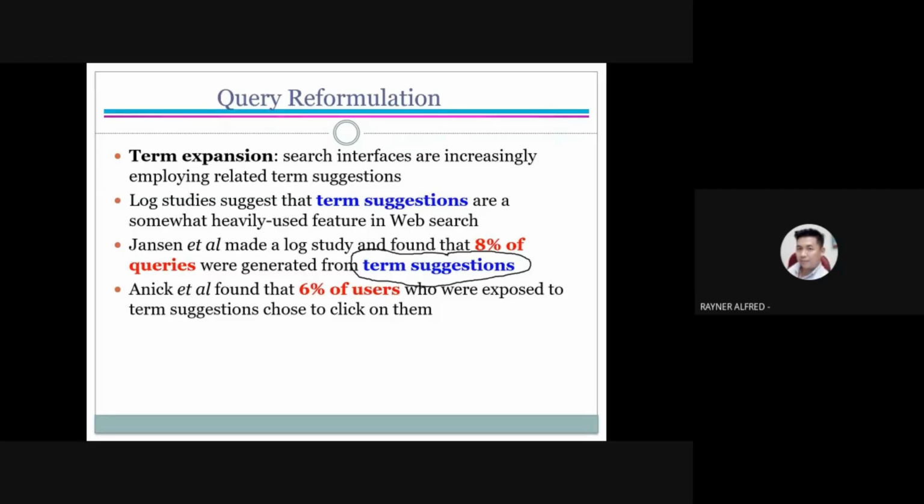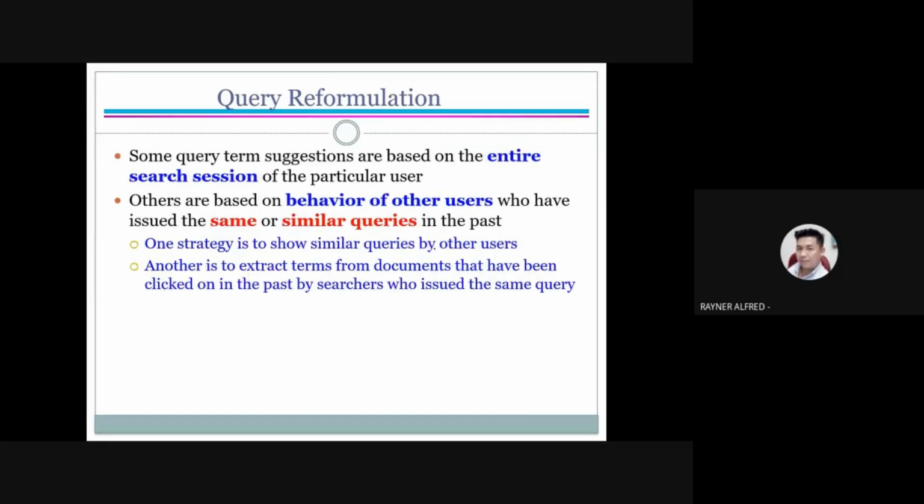And 6% of users who were exposed to some term suggestion are likely to click on them. So somehow it helps people get a more specific and focused item rather than a general one.